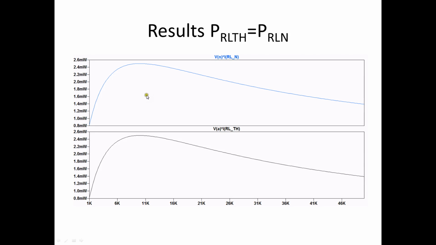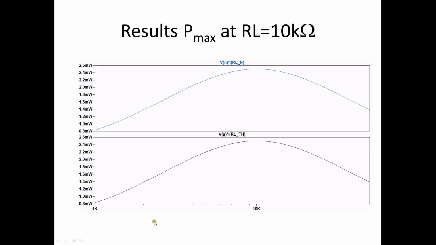So V times I equals power, and you can see that they peak in the same place. But it might be a little bit hard to tell that it's peaking right at 10 kiloohms, so I put it in a logarithmic scale, and you can see that the power is the same, and the maximum power is happening exactly at 10 kiloohms.